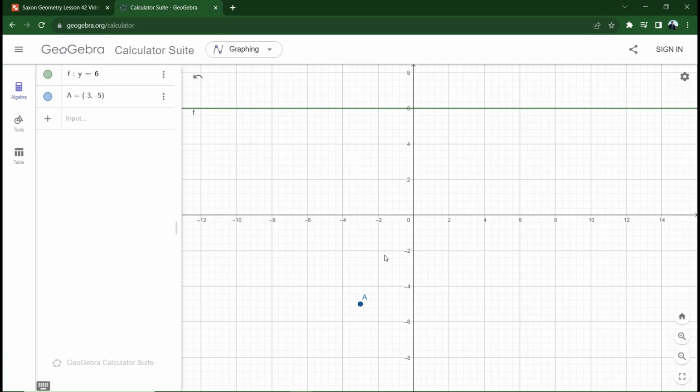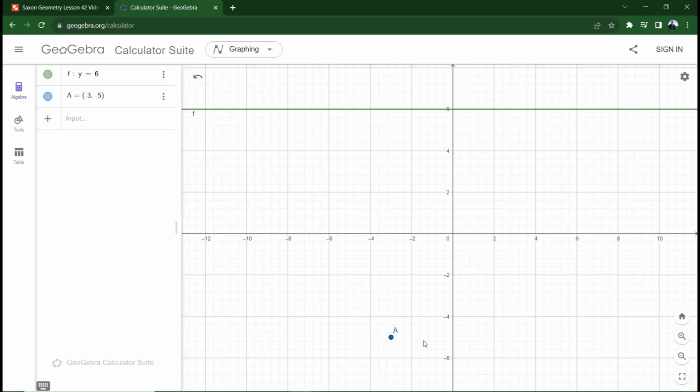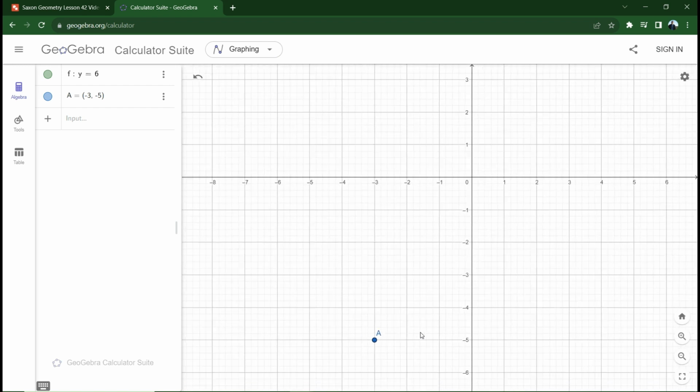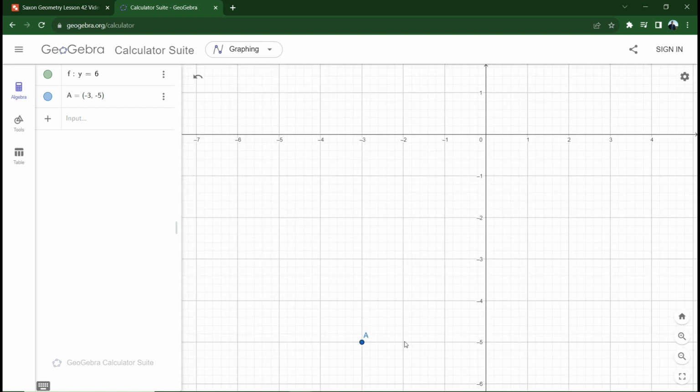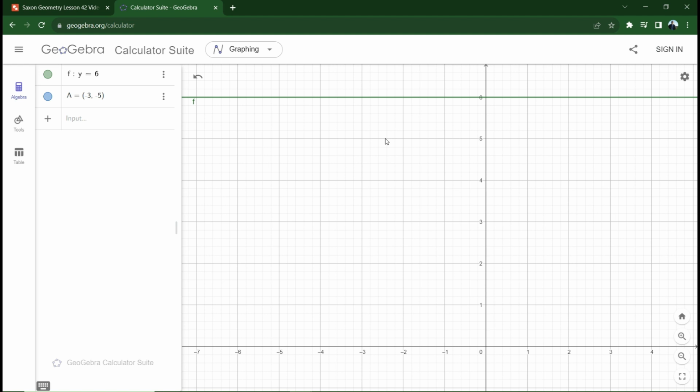What's the easiest way to find the distance between this point and this line? Well, let's do some counting. I could see if I zoom in just a little that this one's at -5. And I'm just going to count up 1, 2, 3, 4, 5, 6, 7, 8, 9, 10, 11.